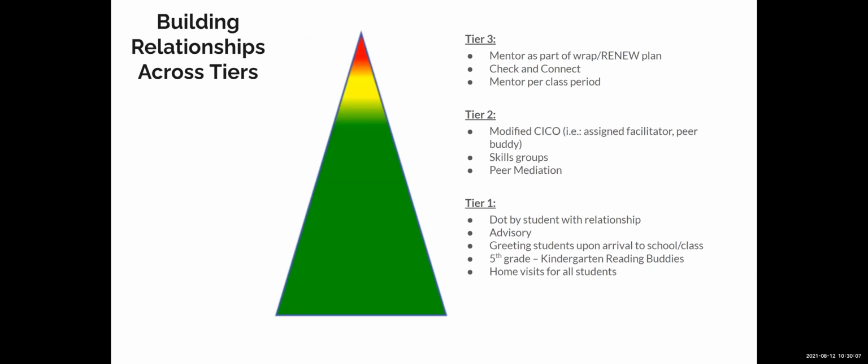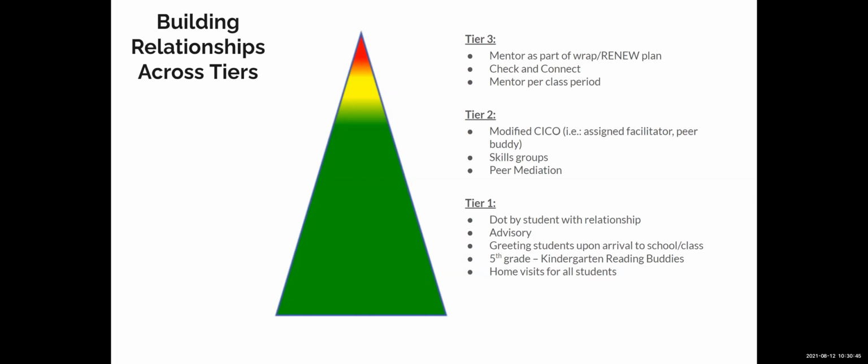Tier 2 strategies might be utilizing skills groups, helping student-to-student relationships by teaching peer mediation, utilizing check-in, check-out as a way to create staff to student relationships and parent to school relationships. And then finally on tier 3, utilizing Check and Connect, which is an intervention that uses mentors to really bridge the gap between families, students, and school. So wonderful strategy that can be used as a tier 3 strategy to help build relationships across the tiers.